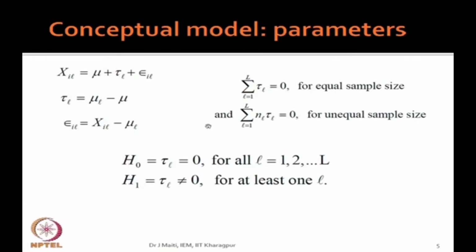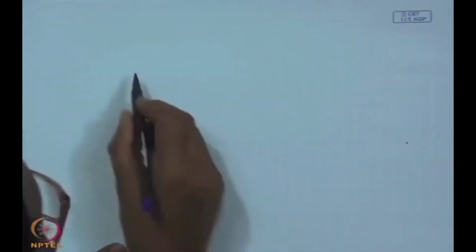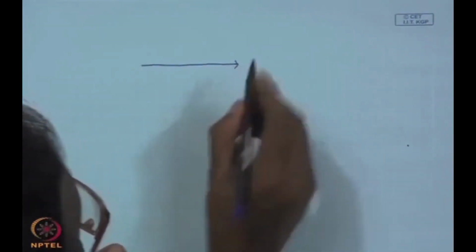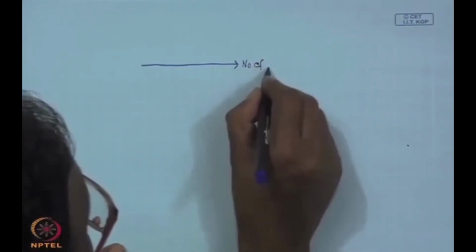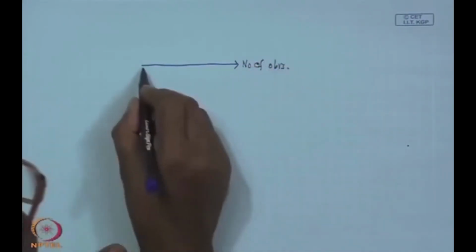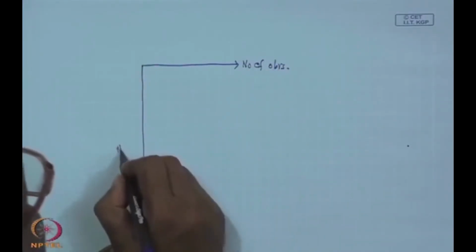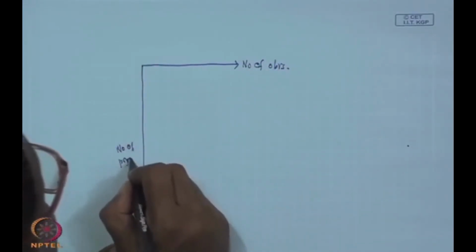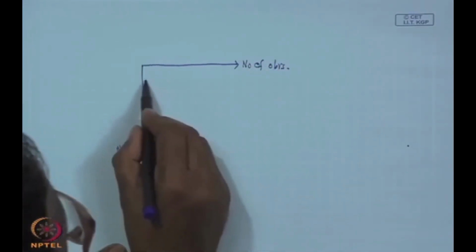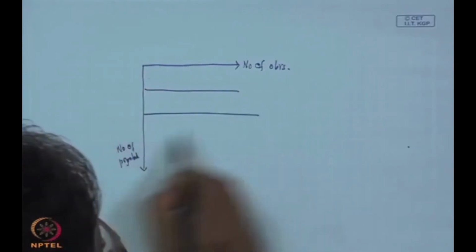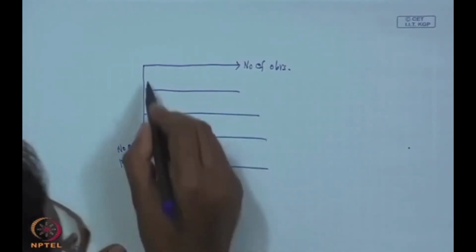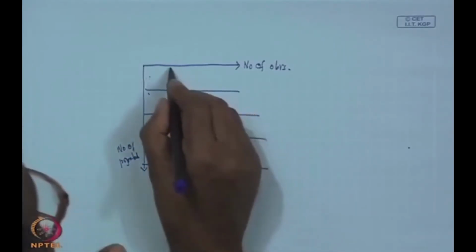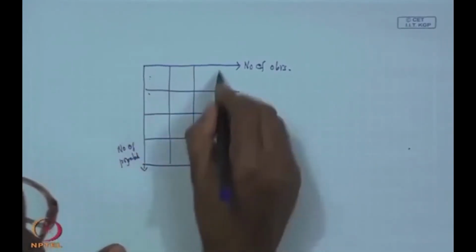Let me repeat this. What we are saying in the ANOVA case is that you have a number of observations, and here L is the number of populations. So you may find several populations and also several observations.